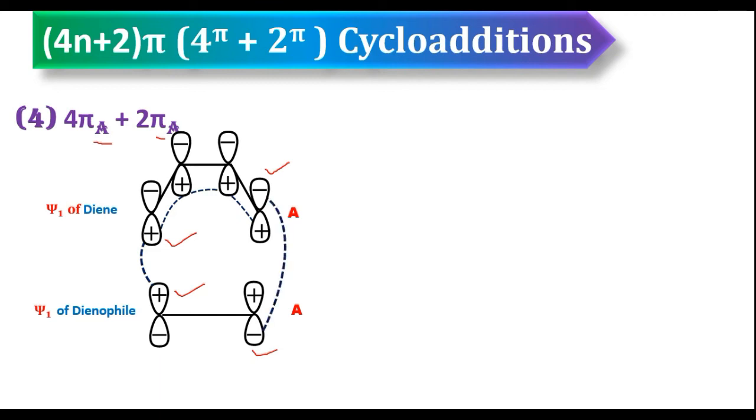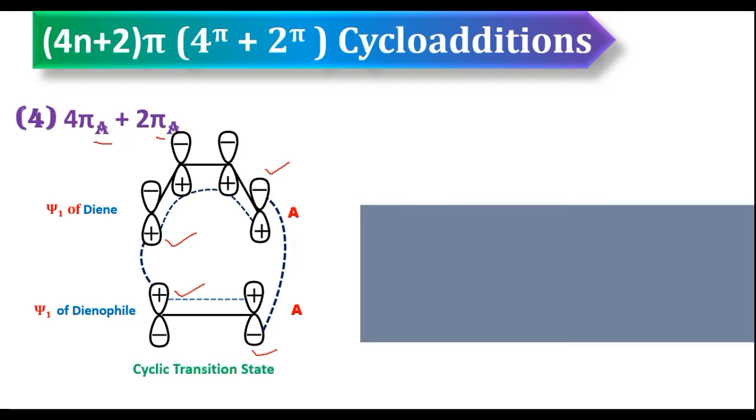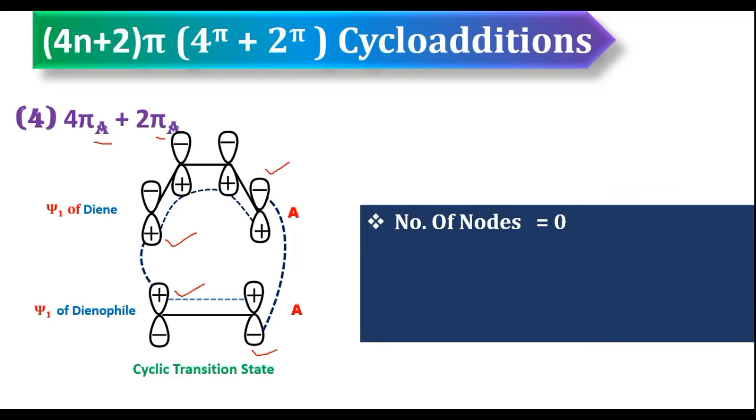Now complete the transition state. You observe friends, here these two orbitals are connected by minus, so all orbitals are connected by plus. Therefore, the number of nodes is equal to 0. There is no orbital connected in opposite signs, plus-minus.